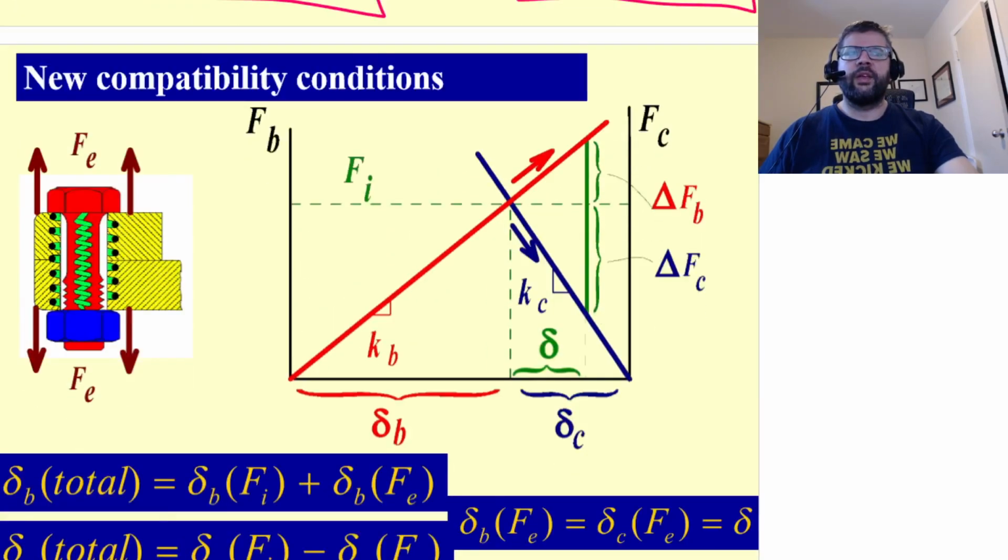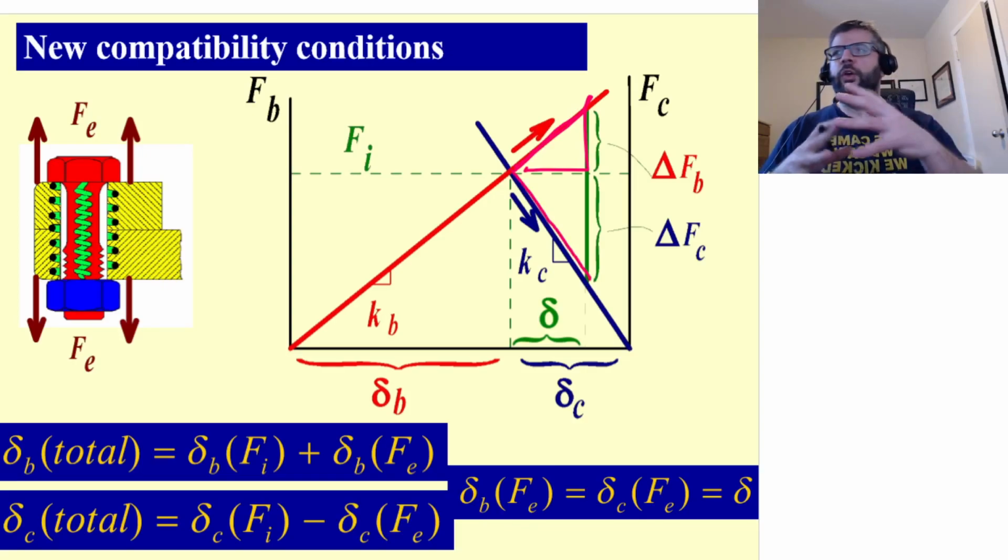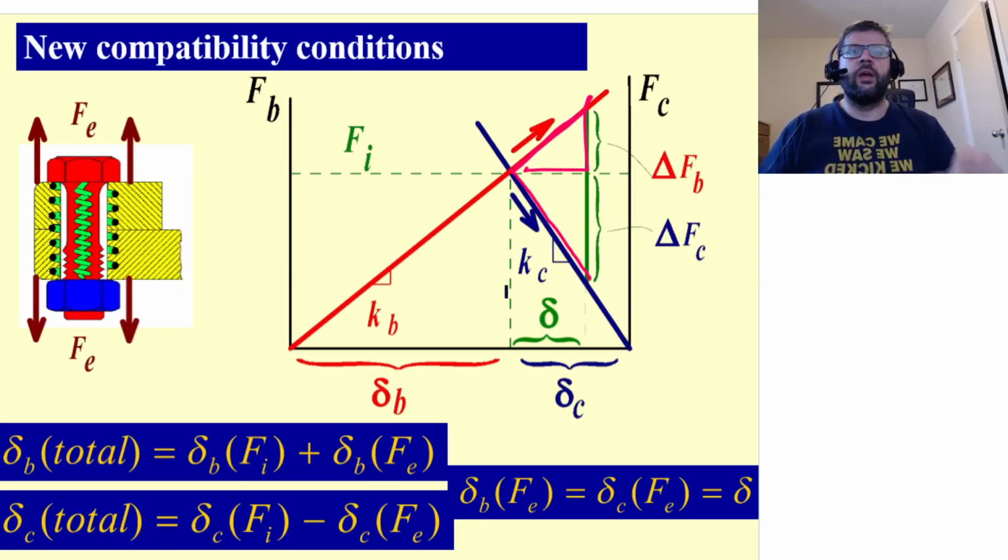So you're going to end up with a new compatibility condition because, again, the bolt itself is going to stretch out a bit, and the joint is not going to stretch out, it's going to be compressed less. And overall, the combination of those two things is going to lead to the joint overall increasing in its amount of displacement.